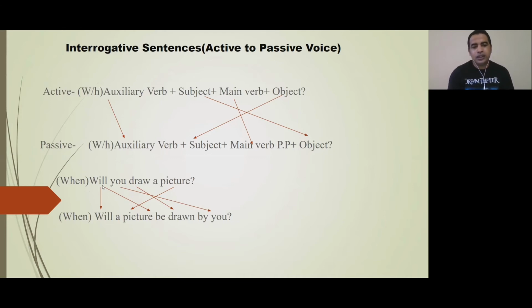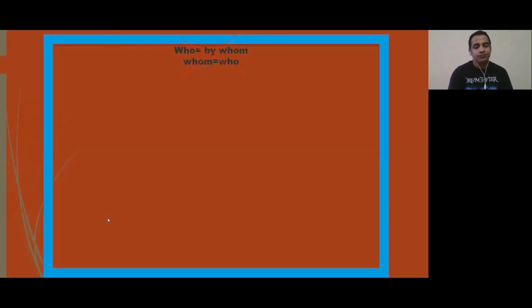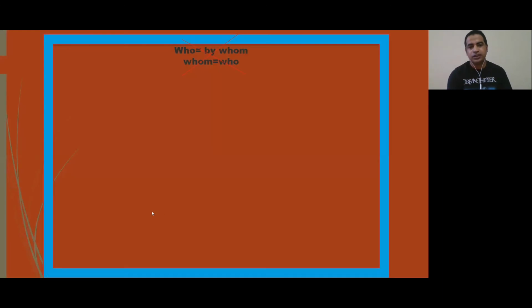So will, for will, it will be. As there are double words for the auxiliary verbs, we have to take will from before the subject, and be from after the subject, and draw will be V3.